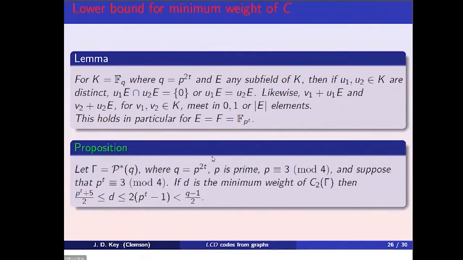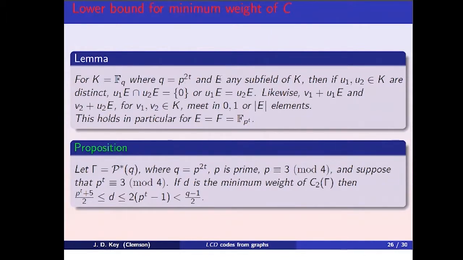Here, this first thing is pretty elementary. It's a quadratic extension, and these are just cosets really. These vectors only meet, and I've used E here because it's true for any subfield, but in our case our E is going to be F p to the t, I think.